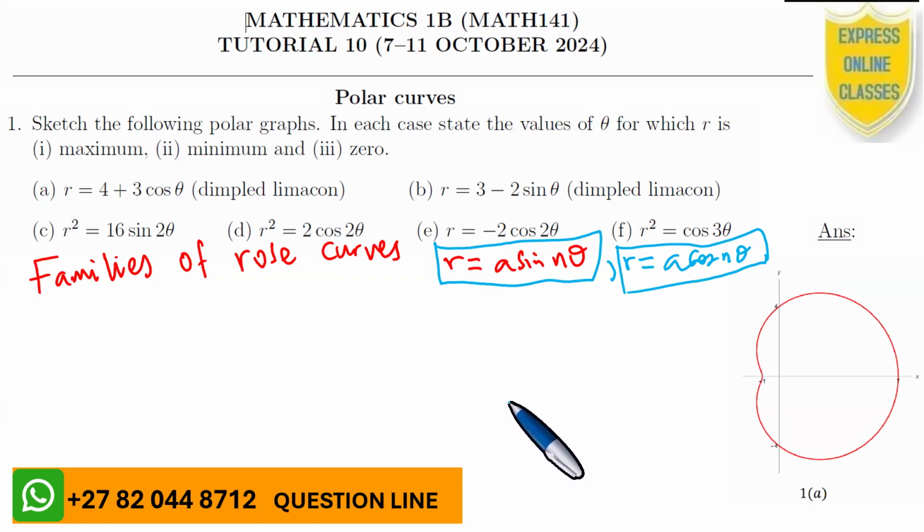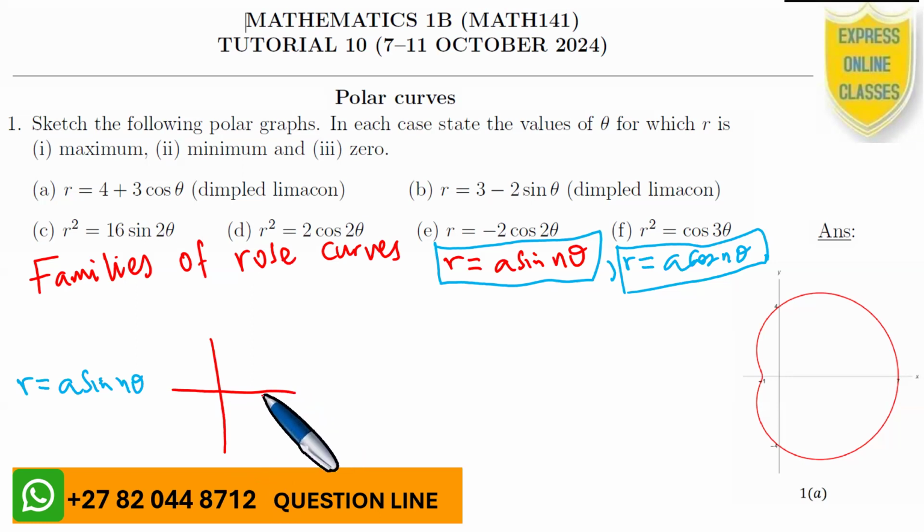Let us discuss some of these. We have basically the basic shapes. If we're dealing with r equals a sine n theta, what is the first curve here? The first curve looks like this.